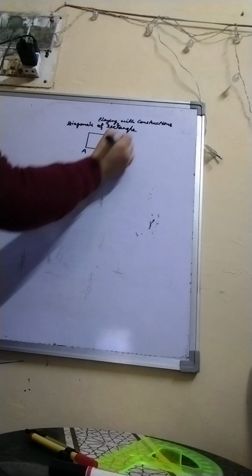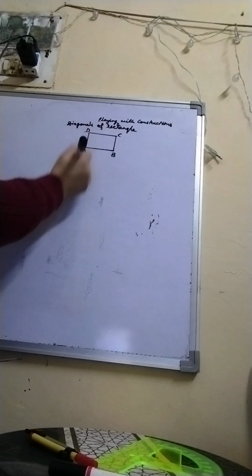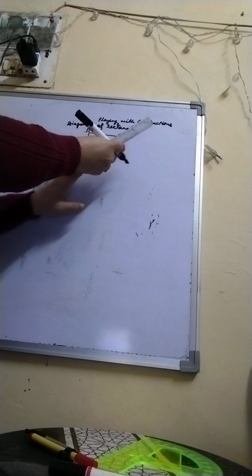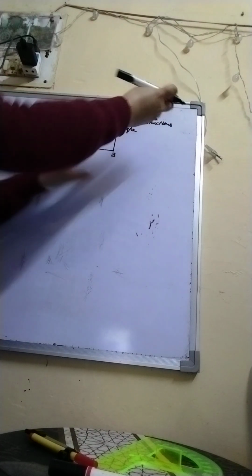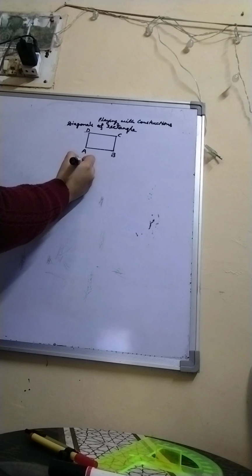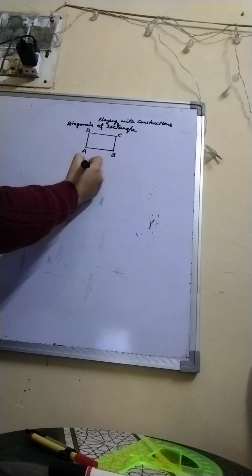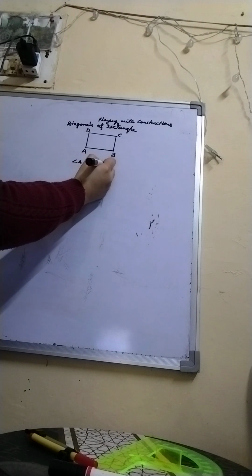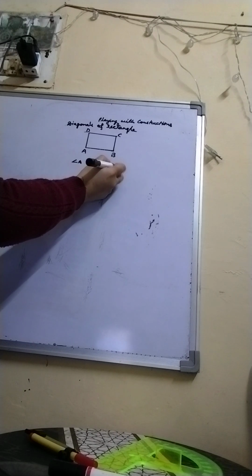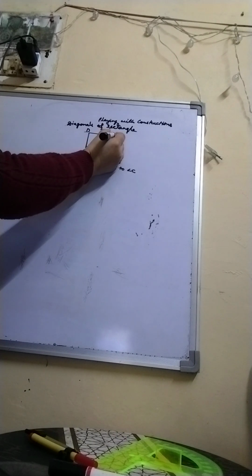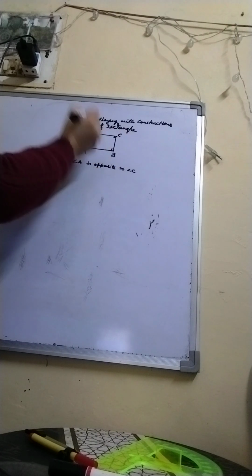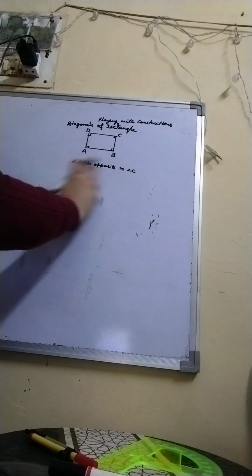If we mark the points A, B, C, D, then diagonals join the corners which are opposite to each other. So you would say that angle A is opposite to angle C. Okay, this is angle only. All the corners of a rectangle are 90 degrees, so they are angles.